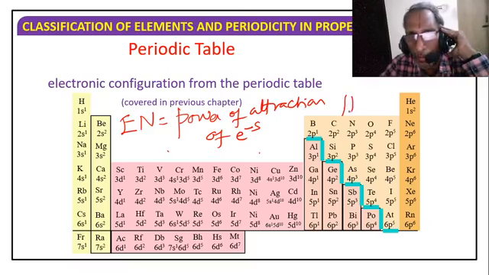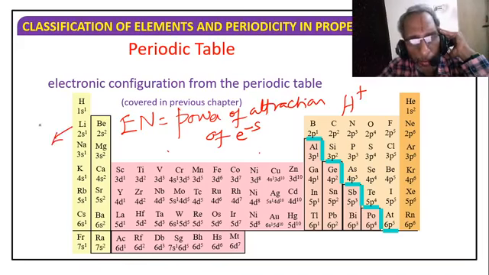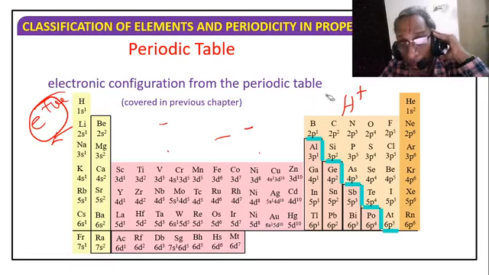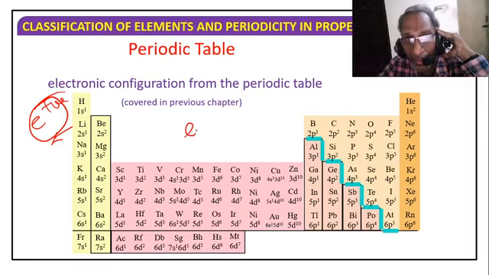Hydrogen loses an electron, so hydrogen is electropositive. Lithium loses an electron, so these are electropositive. Electropositive means capacity to lose electrons, whereas electronegativity is the capacity of attraction. Please make a note, already we have seen gaining of an electron. Now we are speaking of attracting the electron.